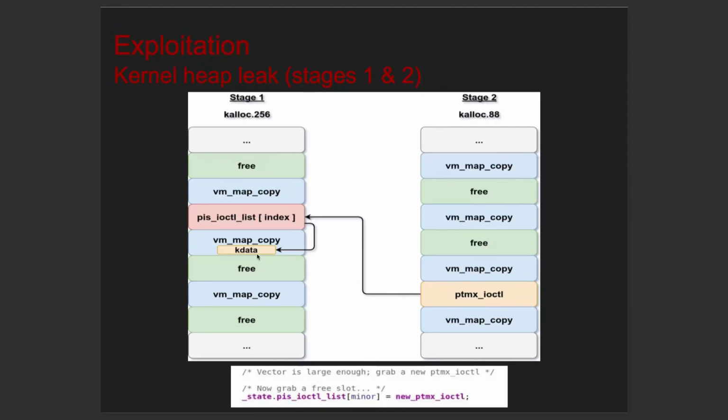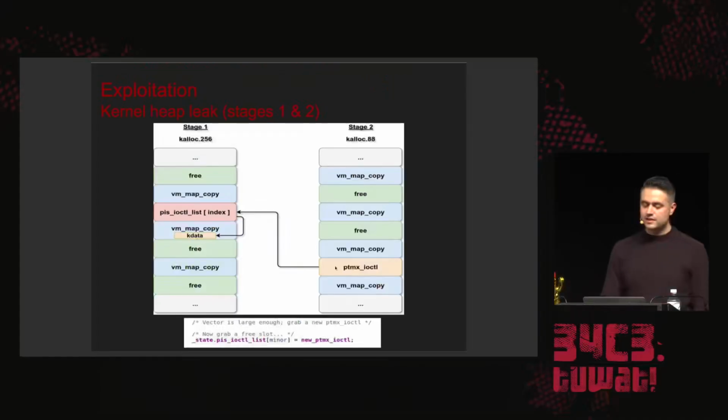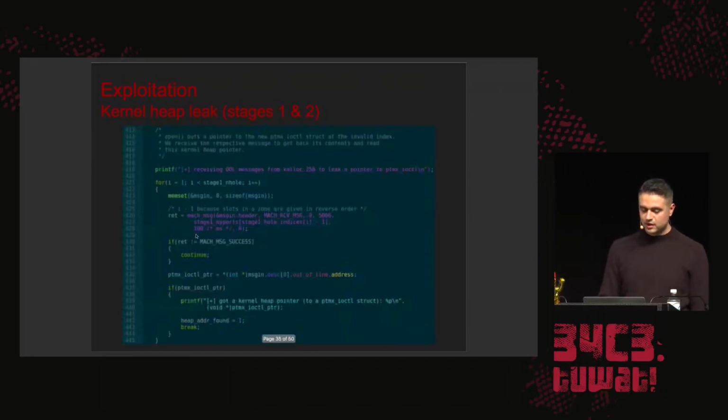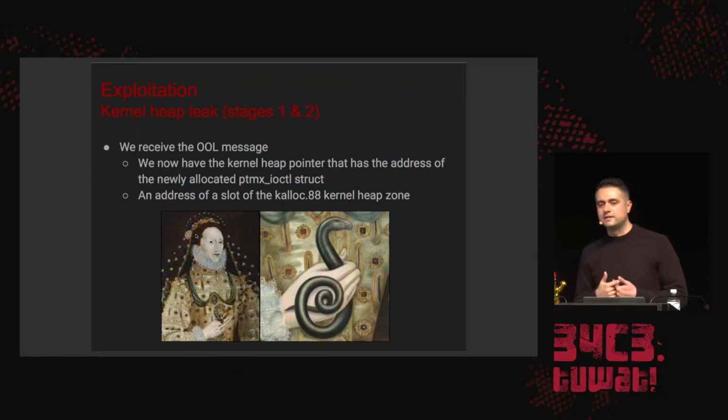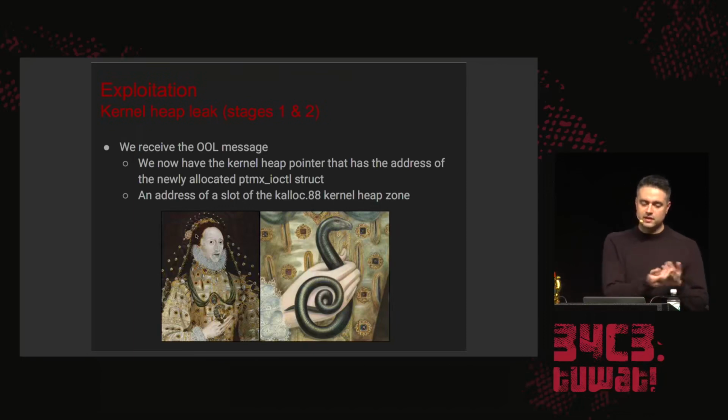So I now have the address of this PTMX IOCTL struct, which is an address on the calloc88 zone. I have it on the kdata field of this VMAP copy struct here. So what I do, I can simply receive this message, and in its content, I can see the address of that slot on the calloc88 zone.